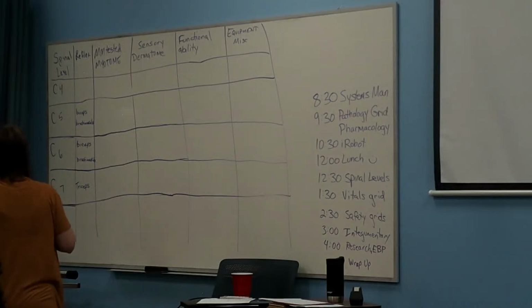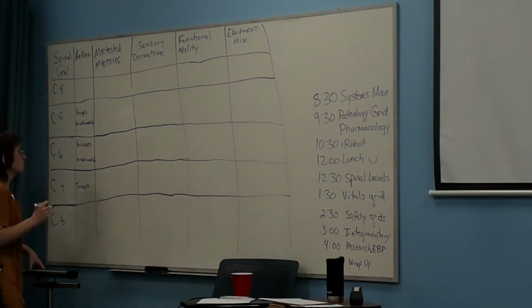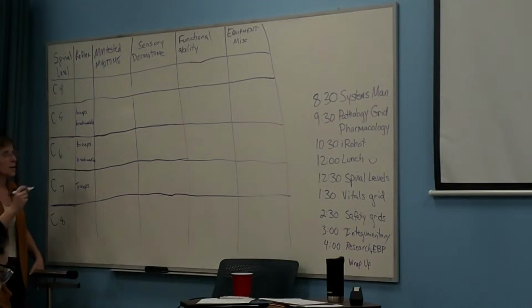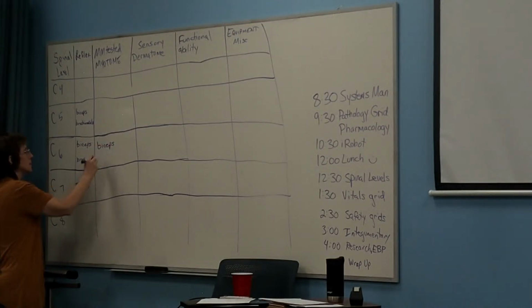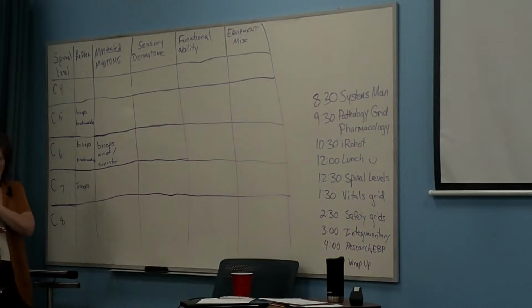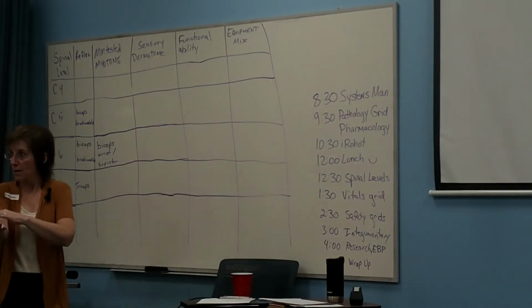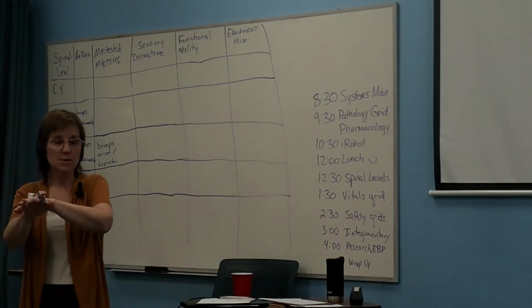What myotome is listed or muscle tested? Okay, so I'm going to put bicep up to the top, supinator, and the middle one was wrist extensors. So we got bicep, supinator, wrist extensors.